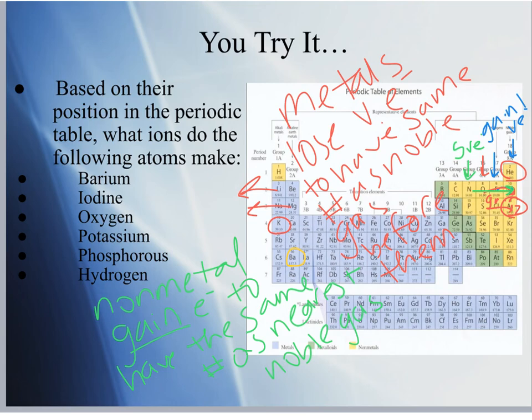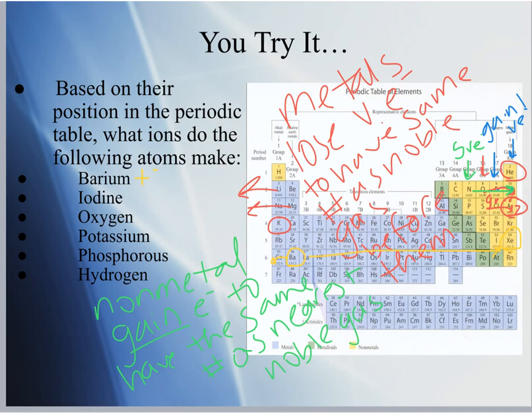He's a metal, so he can't gain, because metals have to lose. Barium is going to lose not just 1, because if he loses 1, now he's like cesium. He's not a noble gas. He's going to lose 2 valence electrons so that he has the same number as xenon.